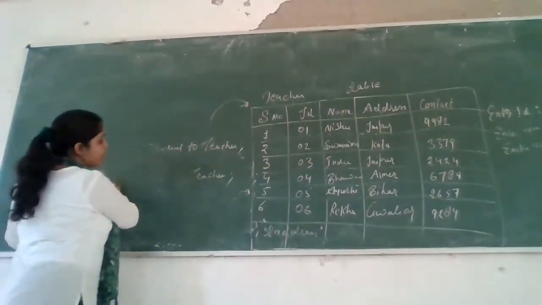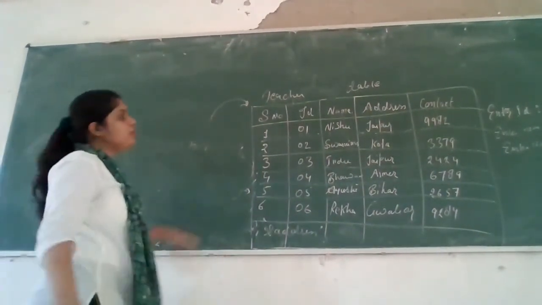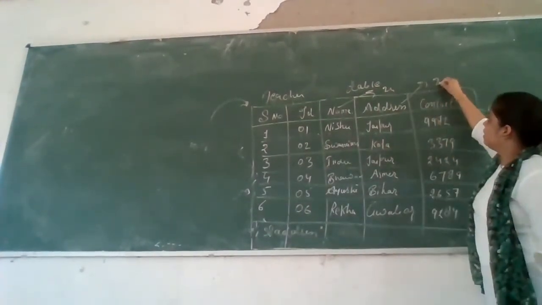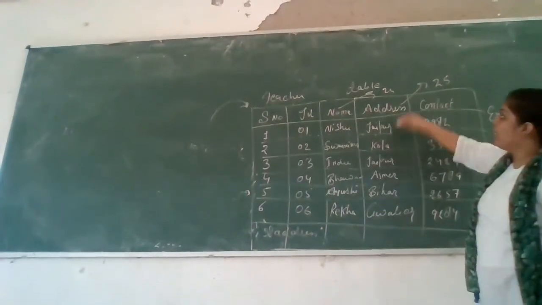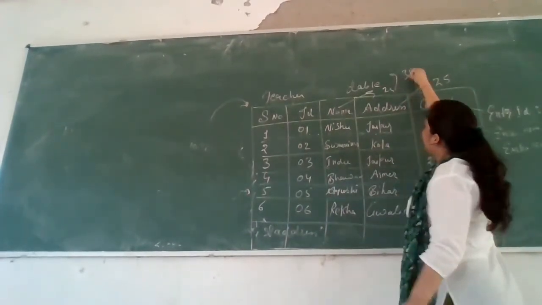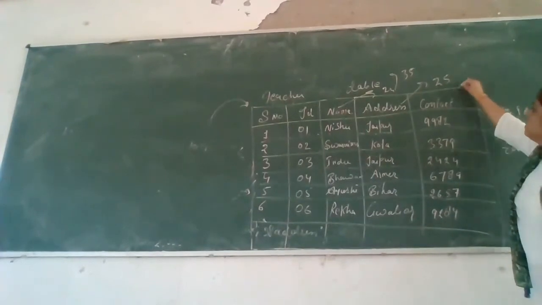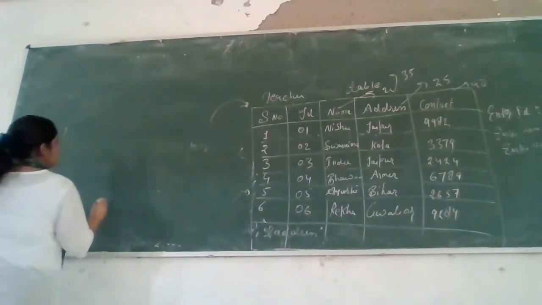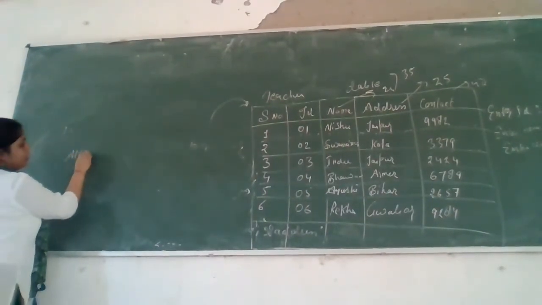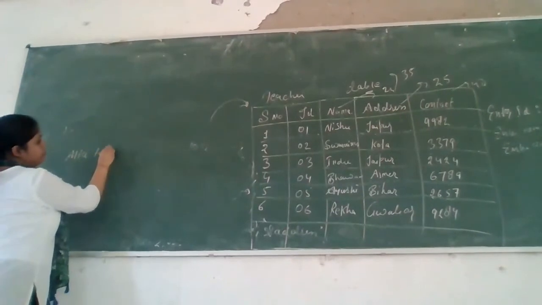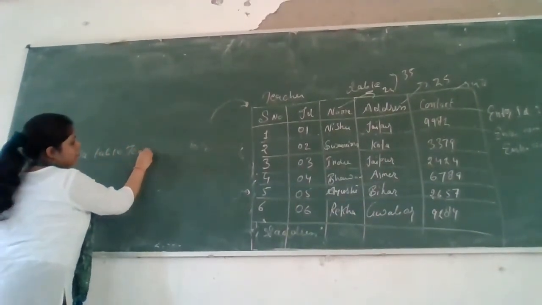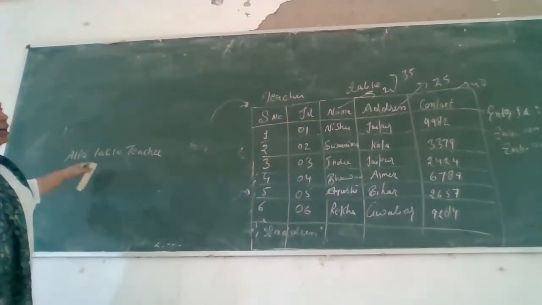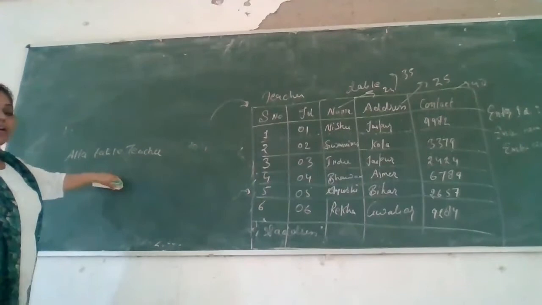If you want to modify the size, here we used 24 characters in the name and 25 characters in the number. Now I want to set 35 characters in the name and 45 characters in the address. Then the query will be: alter table teacher. Why teacher? Because you previously changed the student table into a teacher table.